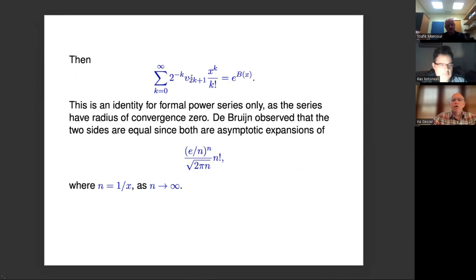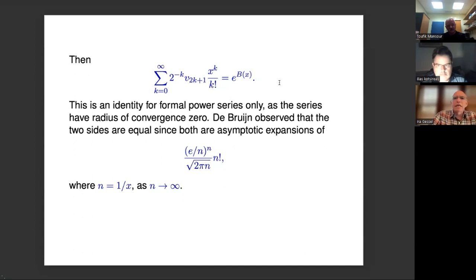But instead of multiplying it like you'd think, by x to the 2k plus 1 over 2k plus 1 factorial, I multiply it by x to the k over k factorial. So this is a kind of transform generating function. I throw in this factor of 2 to the minus k. And the formula is that this weird thing is equal to e to the b of x.